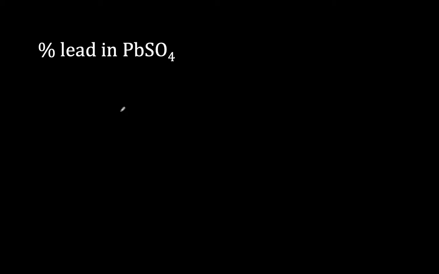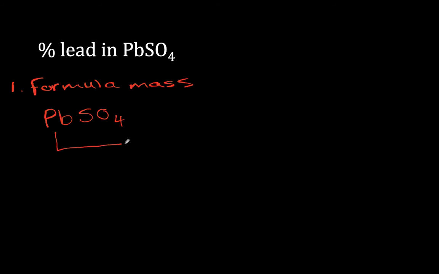What about the percentage of lead in lead sulfate? So again, the first thing we do is we work out the formula mass, which is the mass of 1 mole of lead sulfate. Formula mass of lead is 207.